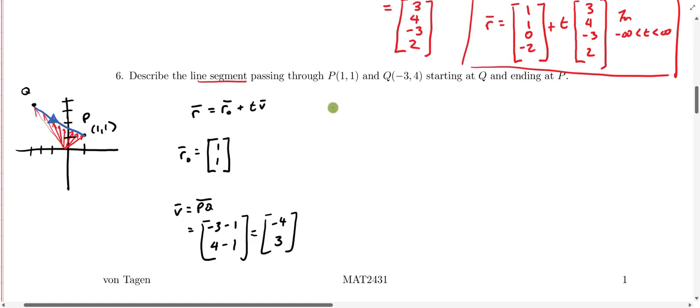So I'm now ready to give the entire equation of the line. We would say that r = (1, 1) + t(-4, 3). Now, if I had been more careful initially, and I'd actually done the direction vector from Q to P, and I'd picked as my initial point the vector Q instead of P, then I wouldn't have to be so careful as I am right now.